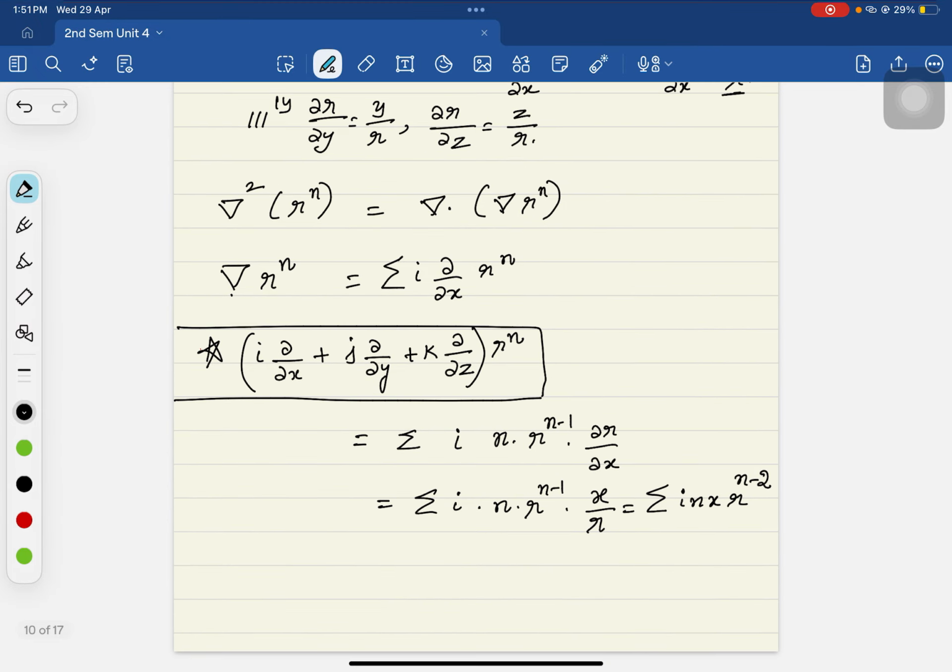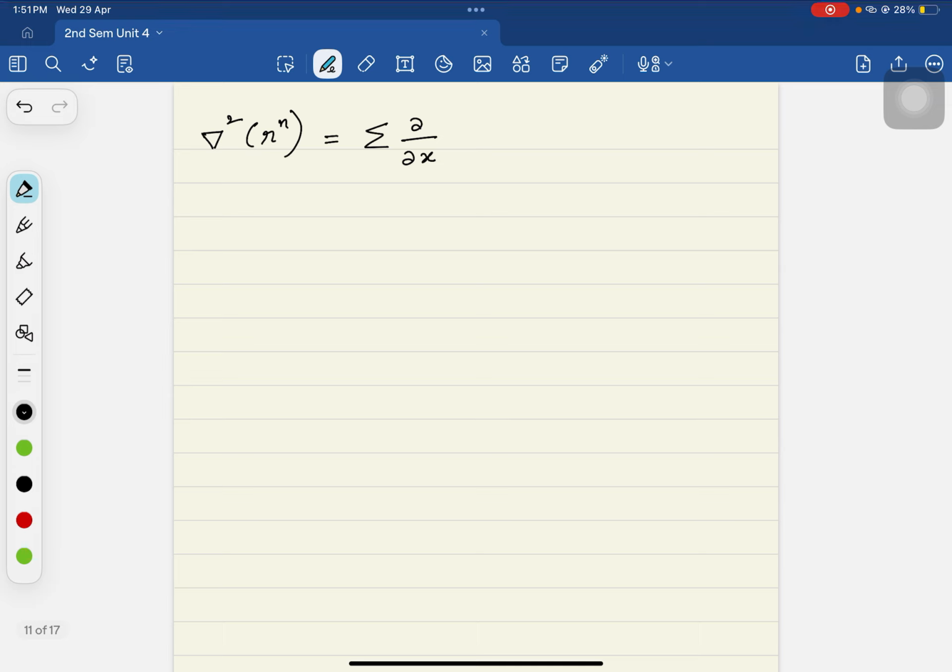We have got del of r power n as n x r power n minus 2. So that gives you dou by dou x of n x r power n minus 2, which means sigma n times x into the derivative of x into r power n minus 2 with respect to x.